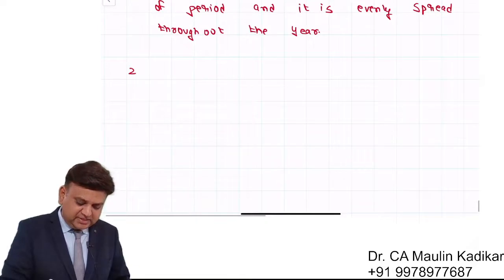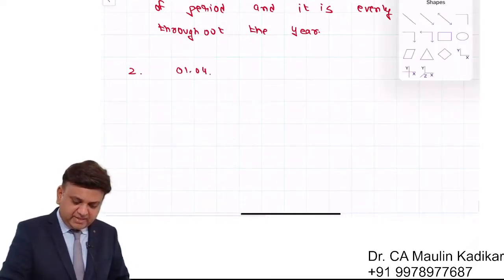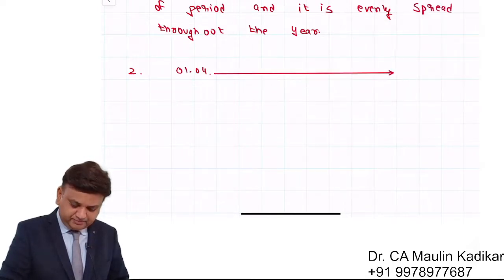That is the first assumption which has been made. Means, let us say that the year starts from 1st of April and it ends on 31st of March.